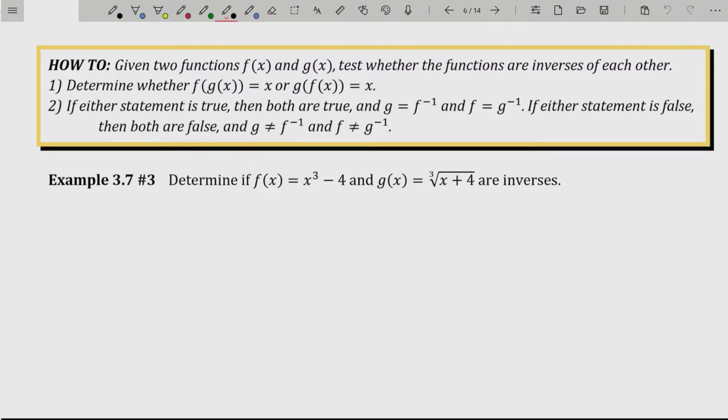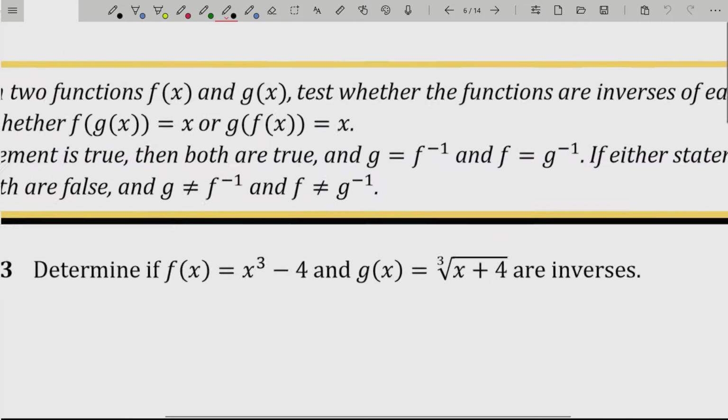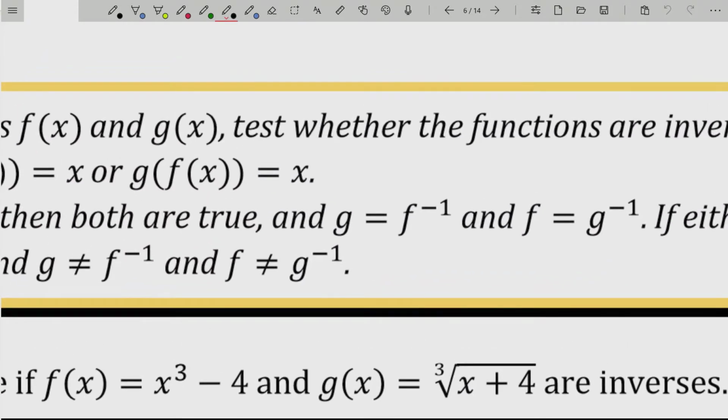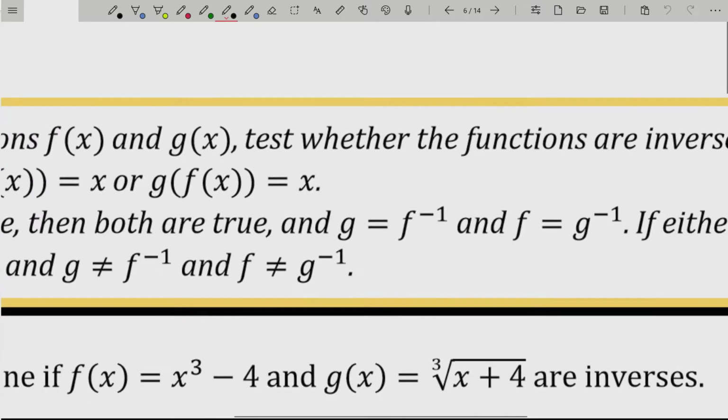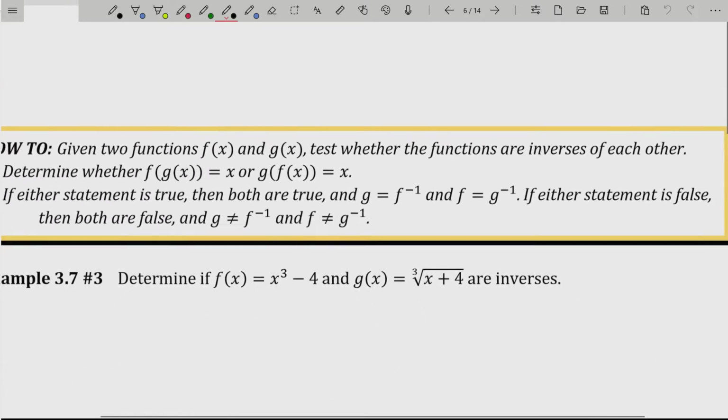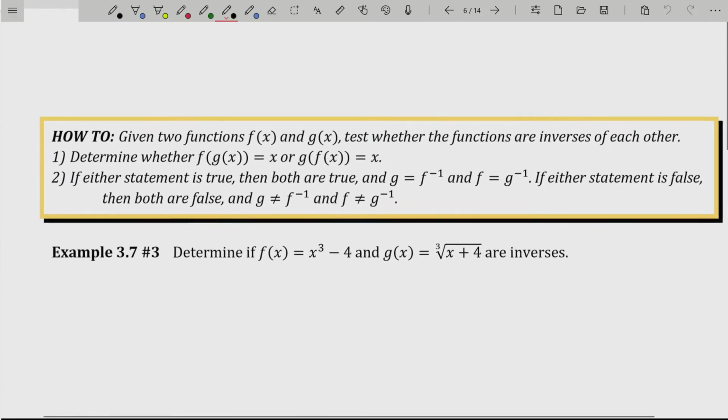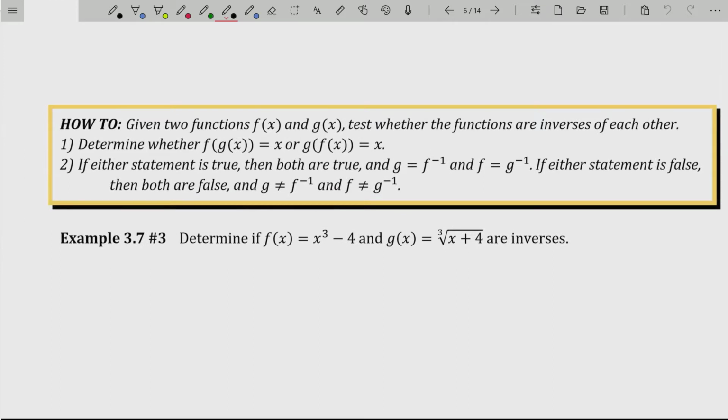So if you find out that f of g of x turns out to be x, then f and g are inverses. And by the way, g would be f inverse, and likewise f would be g inverse. If either of the statements is false, then both are false. In other words, if you find out that g of f of x is not x, then g and f are not inverses. So really what it comes down to is playing with compositions.